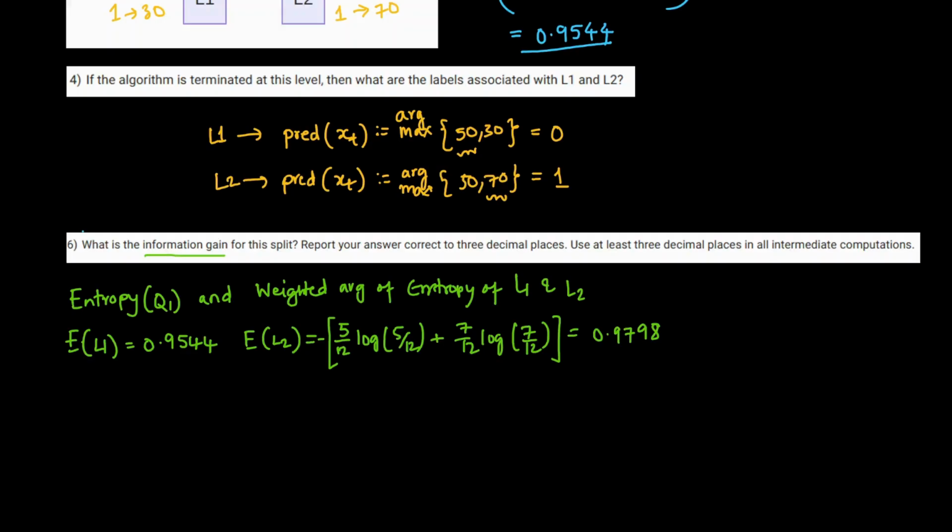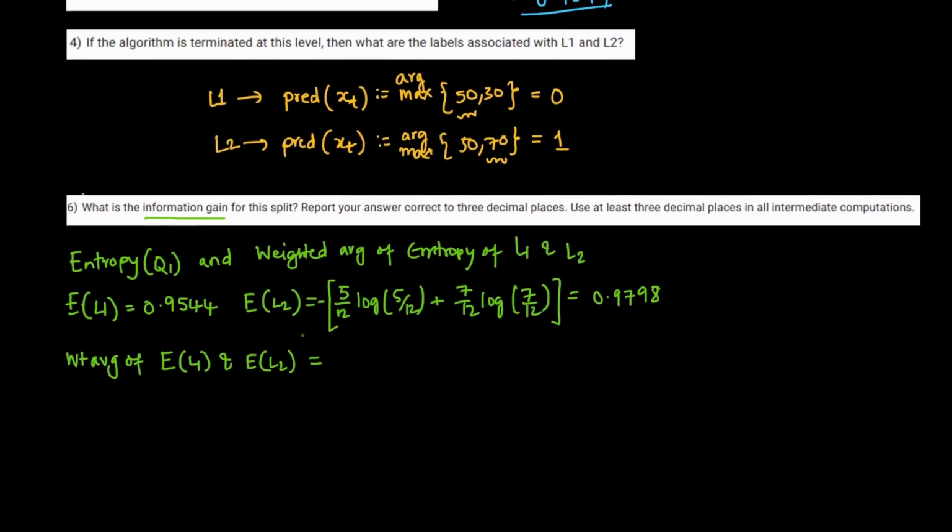So now what will be the weighted average of the entropy of L1 and L2? We can notice that out of the 200 data points, 80 went to L1 and 120 went to L2, right?